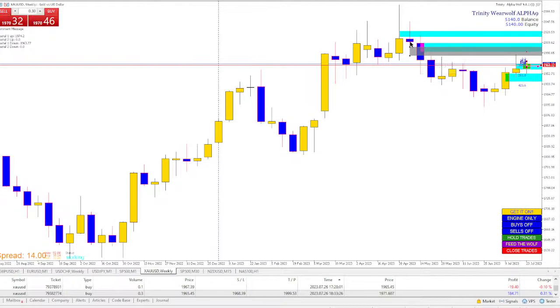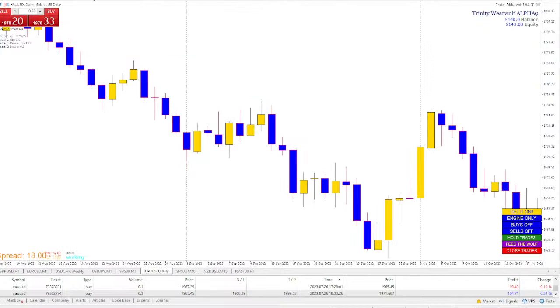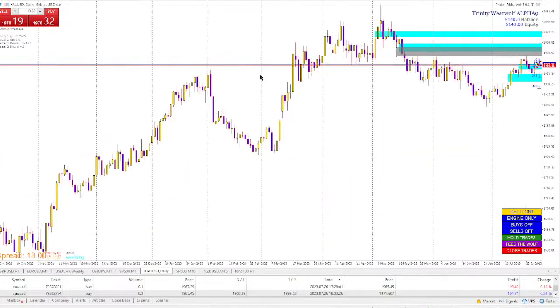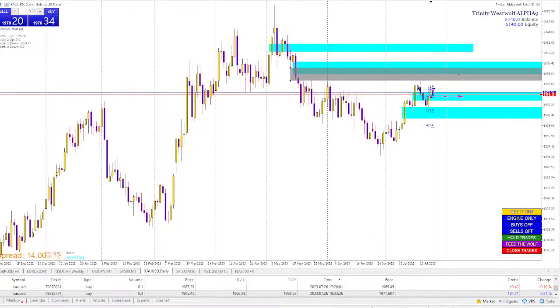I like to use a gray for a weekly, a blue for a daily, and a red for a monthly. So when we get down into the daily range, that's the weekly objective that we're aiming for. We tagged it over here. We tagged it here. And we're looking for another big push back up.